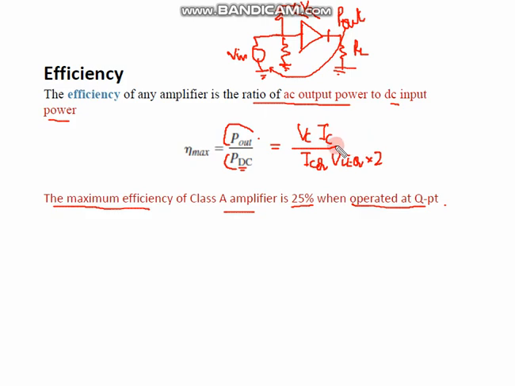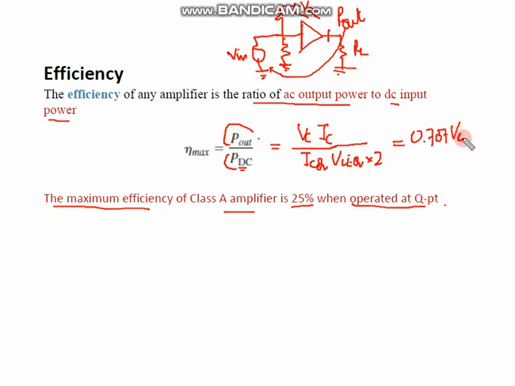So I can further write this as VC, and I can convert this into RMS, so I put 0.707 times VC.